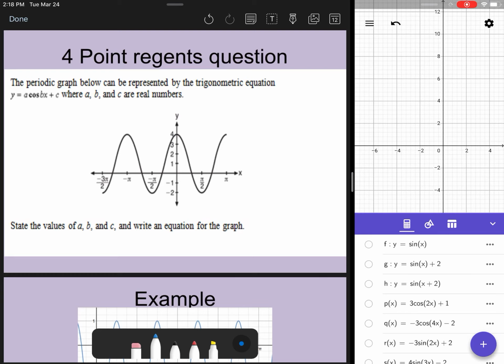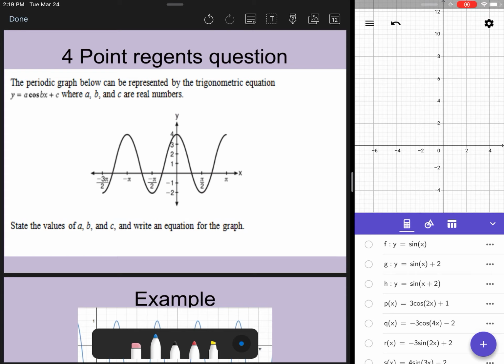Okay, now let's take a look at what a regions question would look like. The periodic graph below can be represented by the trigonometric equation y equals a cosine of bx plus c, where a, b, and c are real numbers. State the values of a, b, and c, and write an equation for the graph.